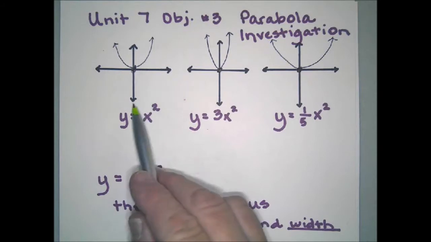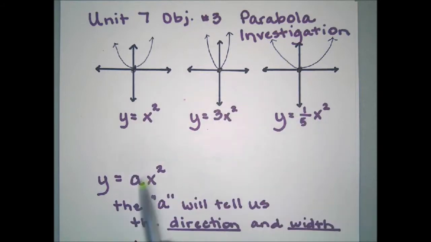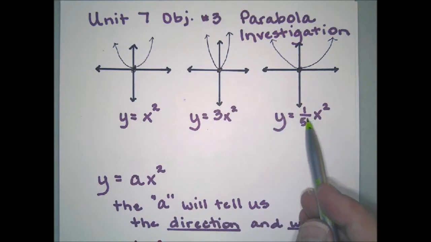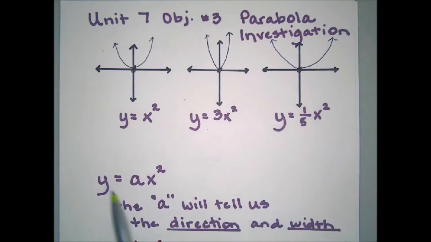So that's what we call the A value, the leading coefficient of the x squared. So when y equals ax squared, the A will tell us two things, the direction and the width.